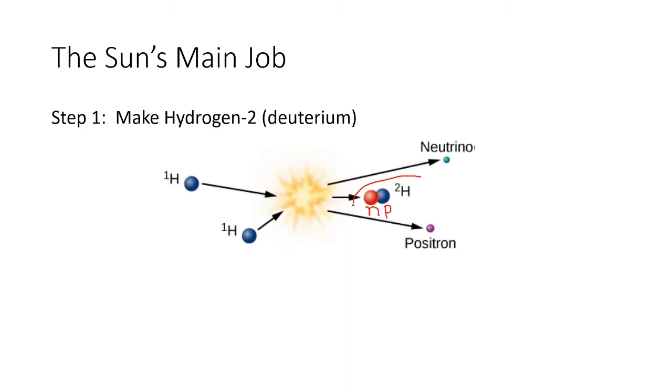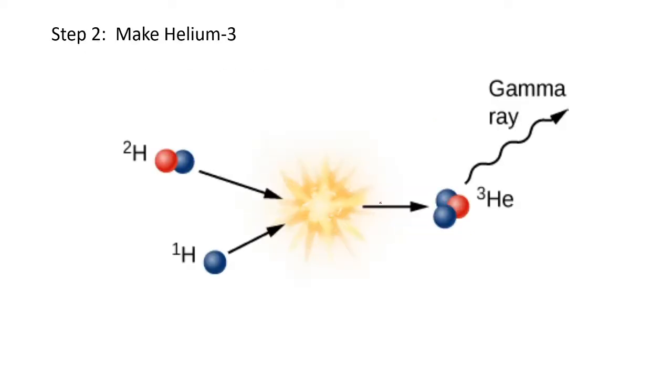It's still hydrogen because it has only one proton. And there's a couple of byproducts. The neutrino, which is a little energetic particle, and a positron, which is a positive electron. And you won't have to memorize all these steps. Don't worry about that. But just keep the neutrino in mind. That's going to be important when we talk about exploding stars later on.